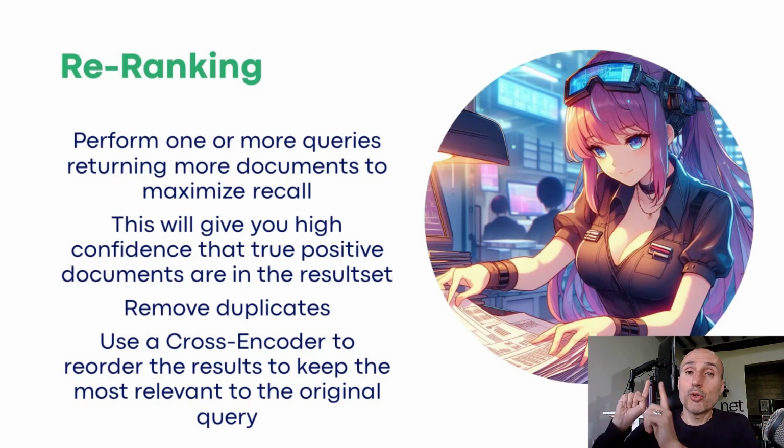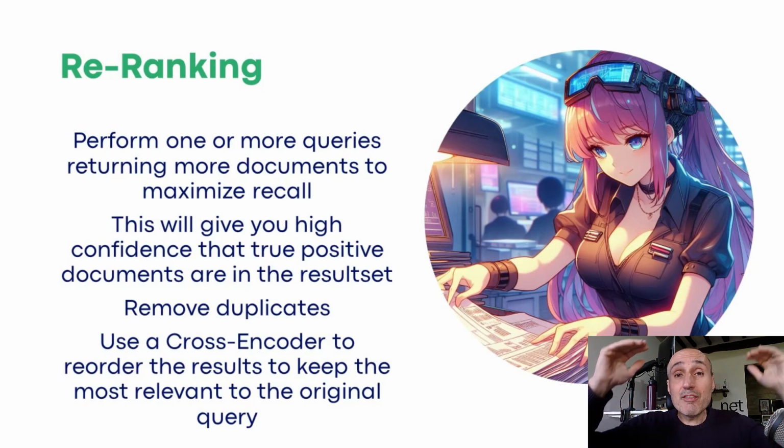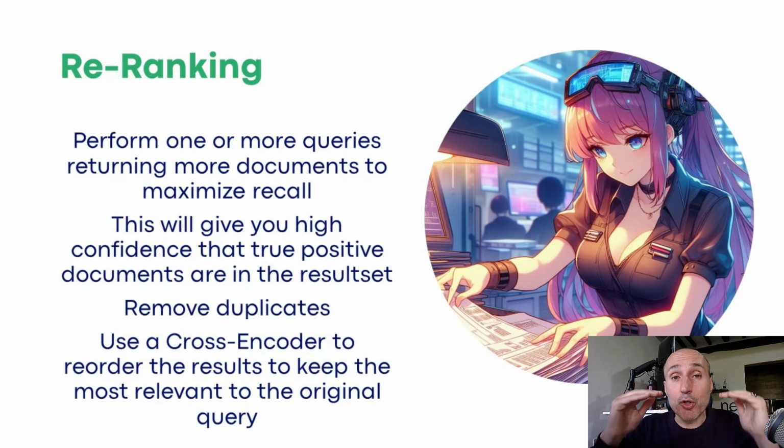But thanks to a second stage of cross encoding, you will reorder all the results of this different query, leaving the false positive in the lower rank and making the true positive go up to the first position. And this gives you the best of both worlds.